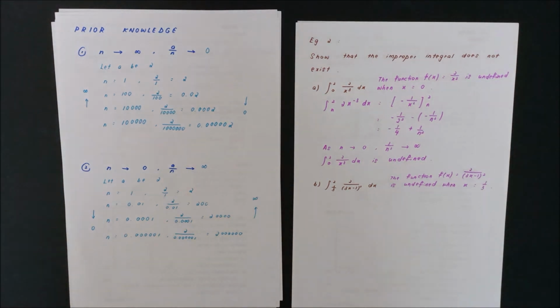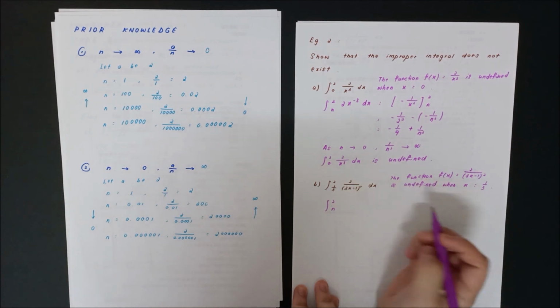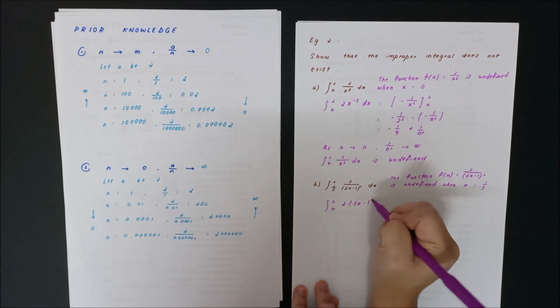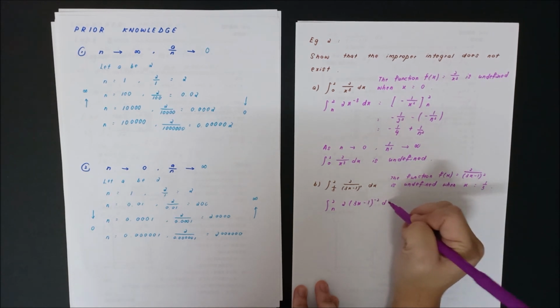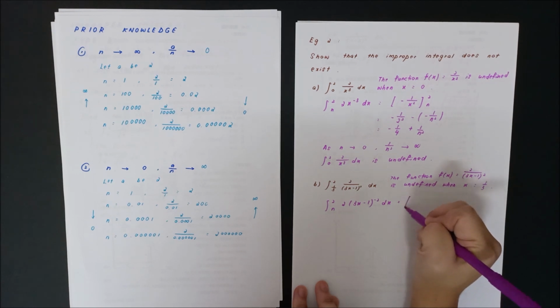Now our next step is we need to change our 1 over 3 to n. So the integral from n to 2 of 2(3x minus 1)^(-2) dx. Now I can continue to do my integration.